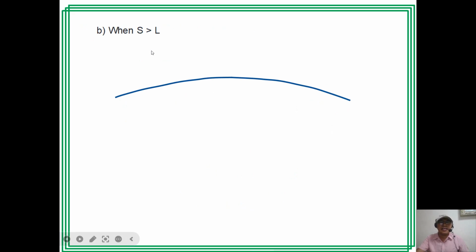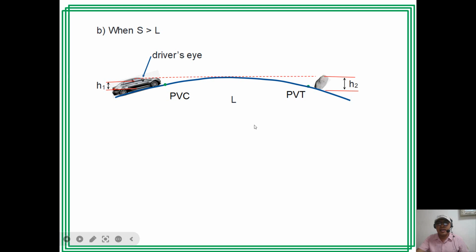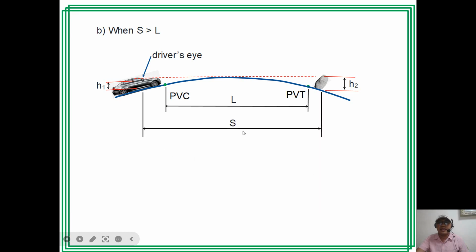Then the second case is when S is greater than L. So we have a vertical curve from PC to PT with the car moving on it. This is H1 and this is H2, and we have the length of the curve here and then the sight distance.